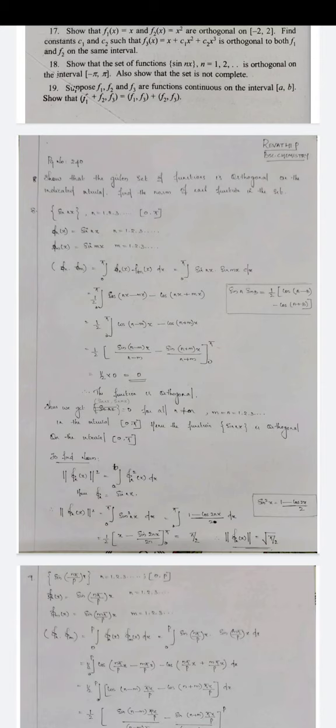So by substituting from 0 to pi, we get the answer as pi by 2. Here the norm of phi n of x, whole square, is pi by 2. So the norm of phi n of x is equal to root of pi by 2.